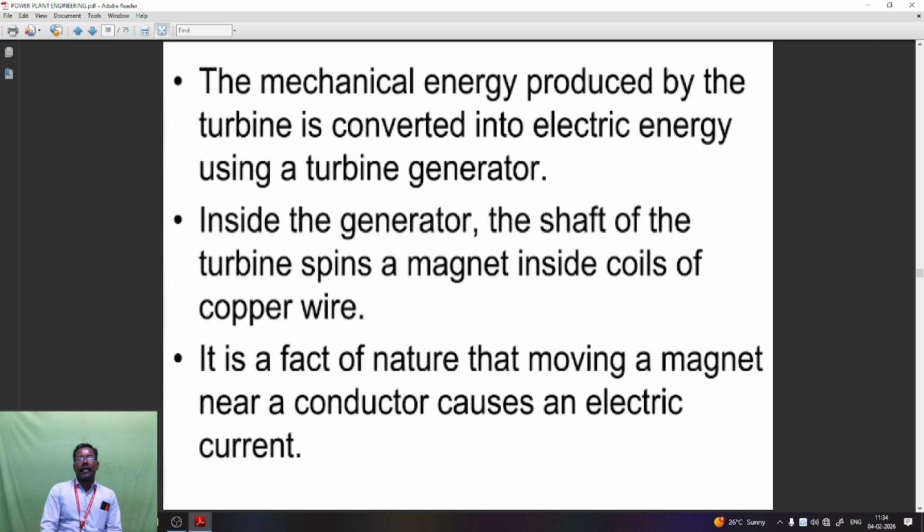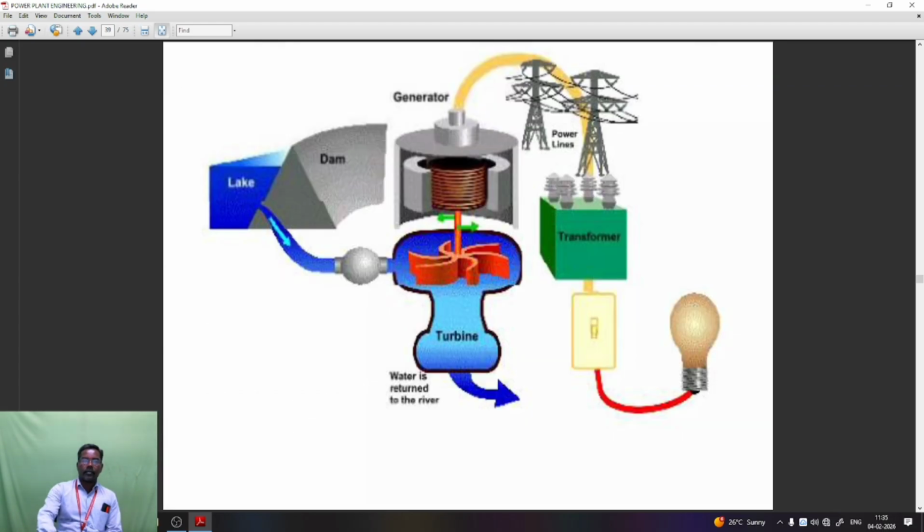Inside the generator, the shaft of the turbine spins a magnet inside coils of copper wire. It is a fact of nature that moving a magnet near a conductor causes an electric current. This is a hydroelectric power plant.